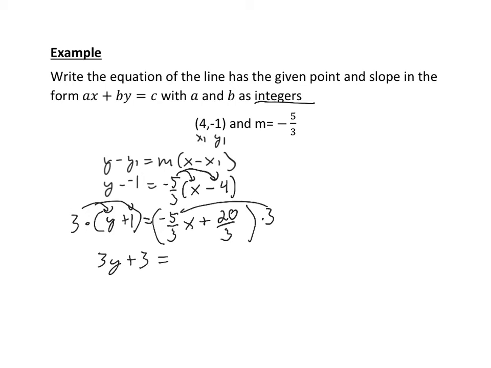And if I distribute it here, all it does is get rid of the fraction. Negative 5x plus 20. Okay? Now, I need to somehow make this look like ax plus by equals c. So I'm going to move this 5x over here by adding it.